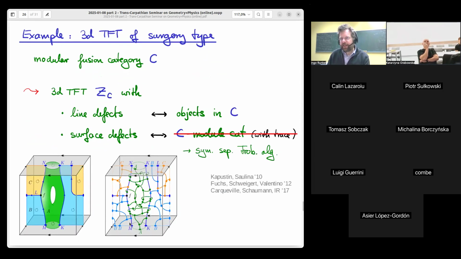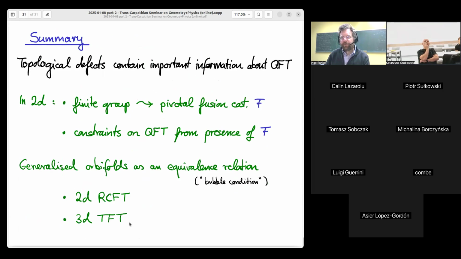Maybe I skip the 3D part a little bit, and I just summarize. We learned in part 1 that even in the very simplest lattice model, you can construct interesting topological defects and reason about them, even though mathematically we're just talking about finite sums. Then we said these defects generalize the notion of symmetry, replacing groups by monoidal categories, and finite groups by pivotal fusion categories.